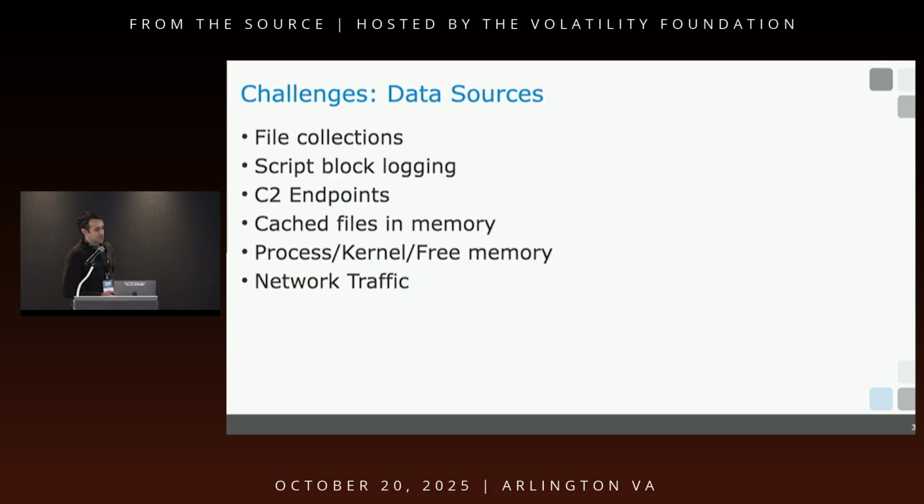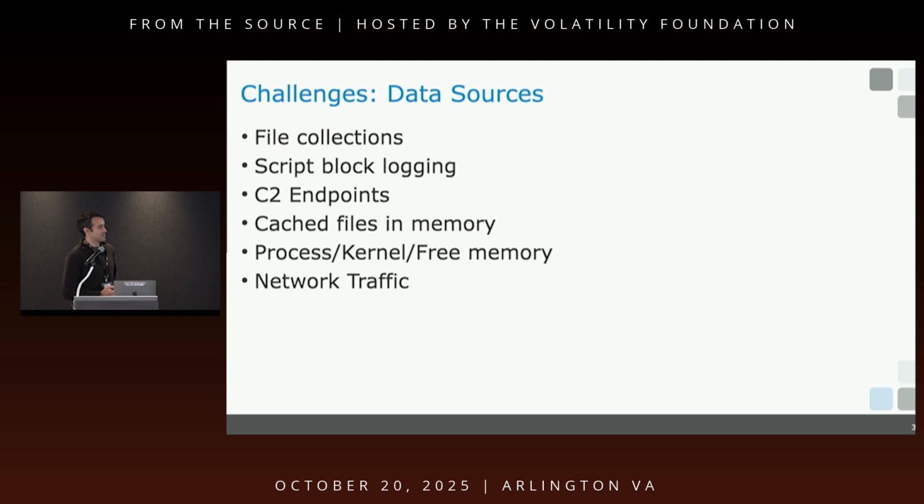And there are a lot of challenges associated with dealing with these obfuscated PowerShell scripts. You can get them from a whole lot of different places, file collections. You can still have obfuscated contents appearing in your 4104 script block logging. You can pull them down from C2 endpoints or open directories. It can come from cached files in memory, in which case we quite often see pages missing or smeared.